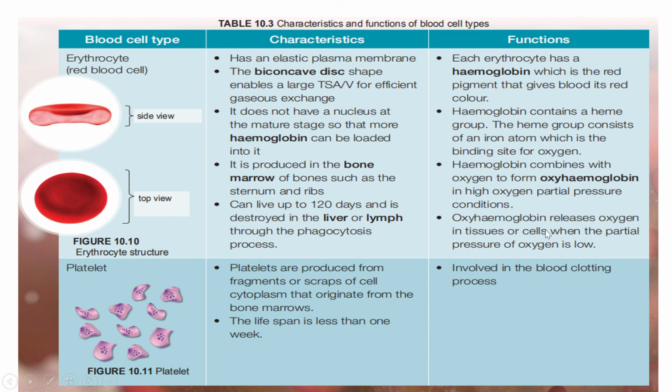Upon reaching those cells, these cells will have a low partial pressure of oxygen, and that is when oxyhemoglobin will dissociate, once again releasing oxygen. And the oxygen will diffuse into the cells, and the cells will make use of the oxygen for respiration.